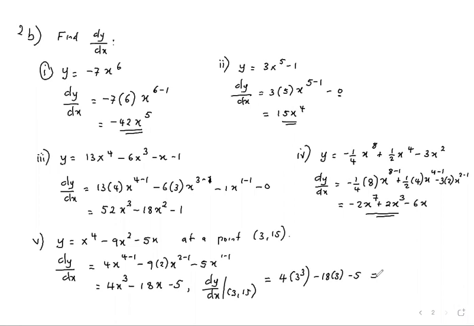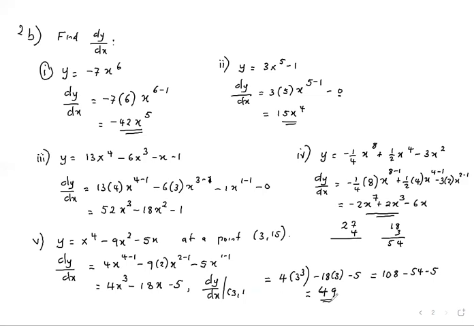So 27 by 4 is 108. 108 minus 18 by 3, that's 54, minus 5. So it doesn't make sense, because 108 minus 54 is 54, and 54 minus 5 is 49. So to say (3, 15) does not make sense.